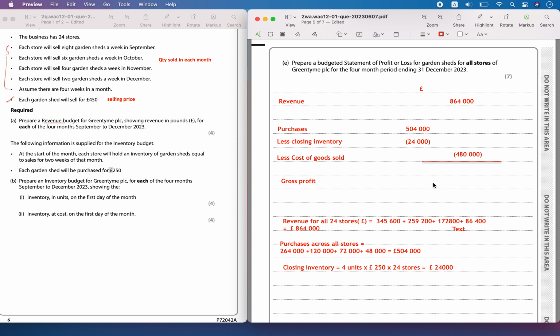So the gross profit is going to be equal to 864,000 minus 480,000. That is going to be equal to 384,000 pounds. So this was the gross profit.